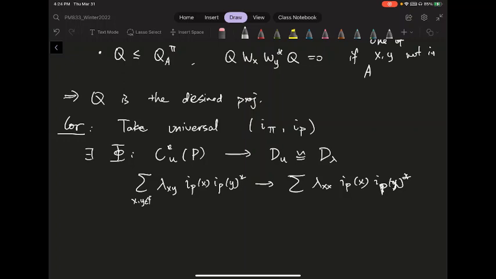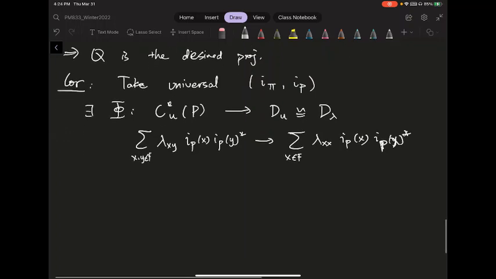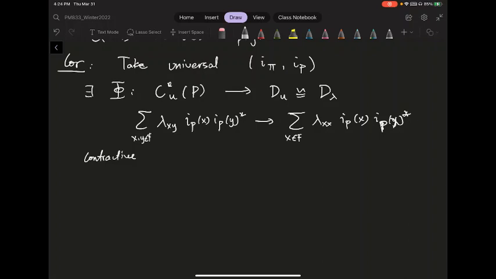We saw they're dense, so there exists such a map which is contractive. This phi is called a conditional expectation. So it's really just taking the diagonal part.